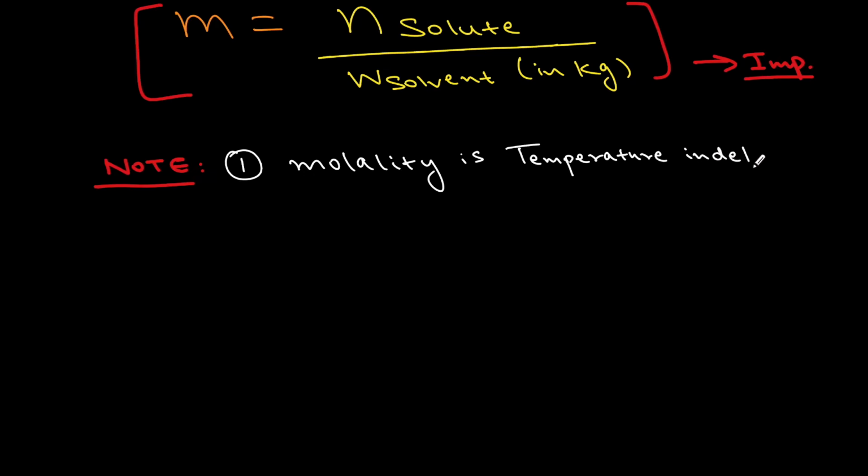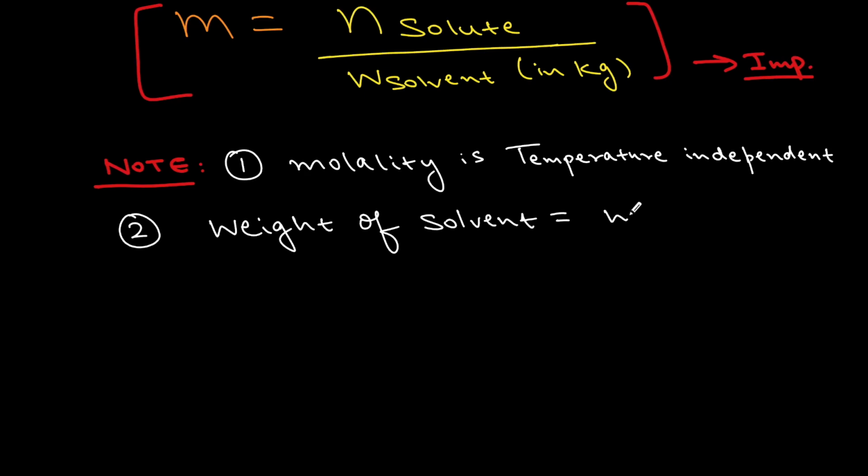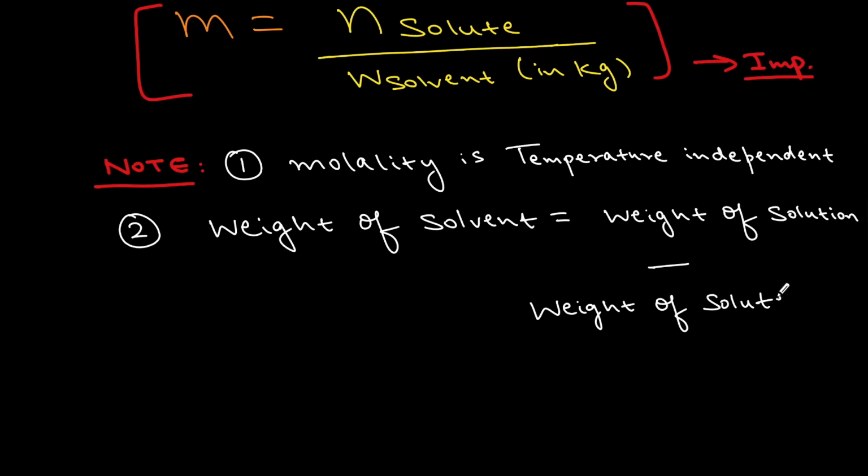Whichever quantities do not depend on volume are also temperature independent. The second note is weight of solvent is equal to weight of solution minus weight of solute, right? So these are two important notes for molality.